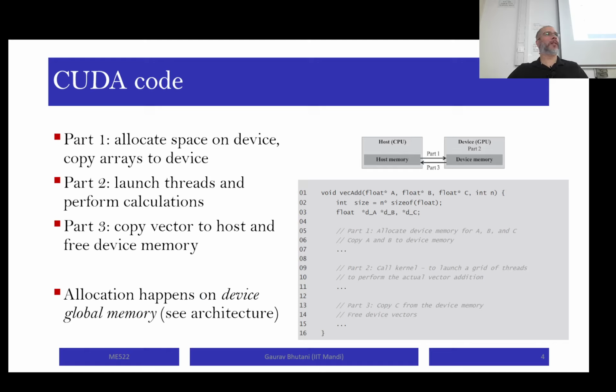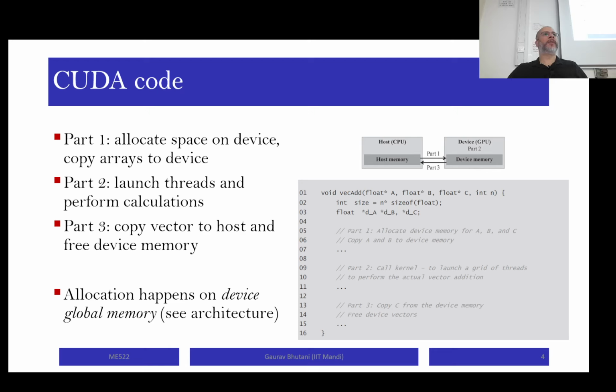So you write in three parts. Part 1 is responsible for allocating space on the device's memory. As we discussed yesterday, the device or the GPU has its own memory, dynamic RAM. Then once you have allocated space on the device, you have to copy the arrays from your host to the device, because initially the information about A and B is sitting on the host.